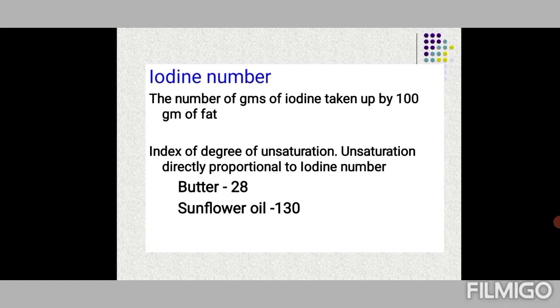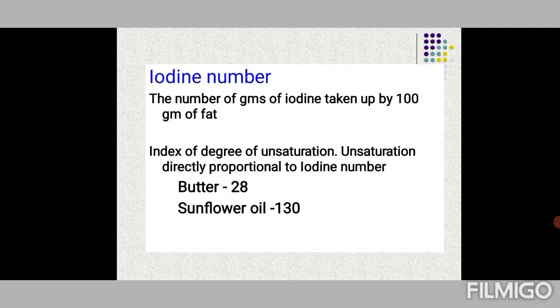Now we move on to iodine number. The definition goes like this: the number of grams of iodine taken up by 100 grams of fat. And this actually indicates the degree of unsaturation, which means that the greater the number of unsaturation, the greater is the iodine taken up by the double bonded carbons.